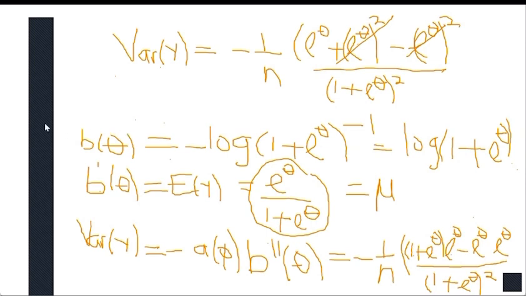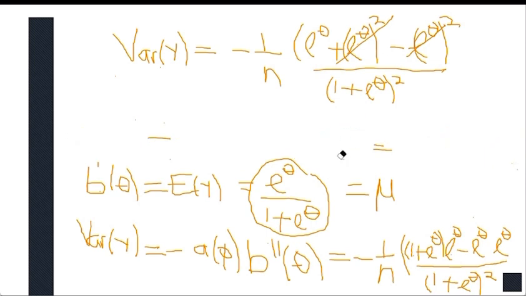Now that it cancels out, the next thing I'm going to do is negative 1 over n, then e raised to power theta divided by 1 plus e raised to power theta, squared.